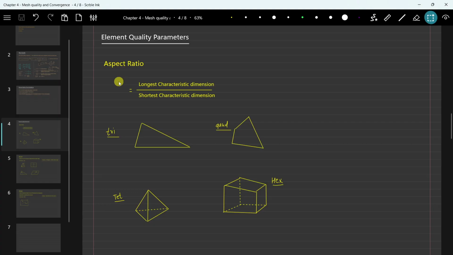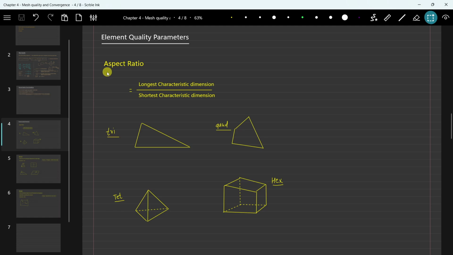Most of the time the element qualities are very good, but still after meshing we need to check or monitor some important quality parameters. So let's see a few of them.